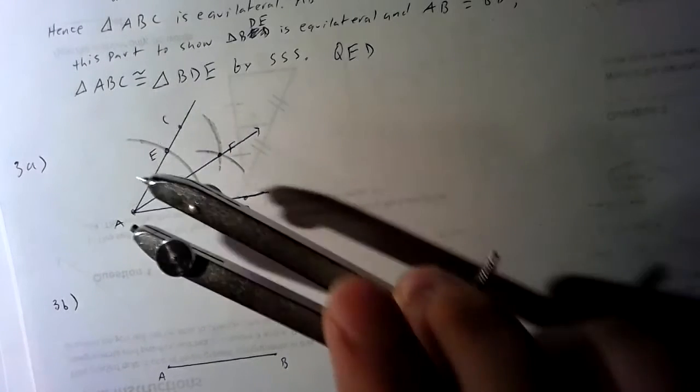So we have A, we have B, and now we're going to get our compass and put the needle on A. When we're placing the pencil, it's a little bit more than half of the distance from A to B. So just a little bit more. On my picture, that looks good on the camera. Yeah, so a little bit more than halfway.